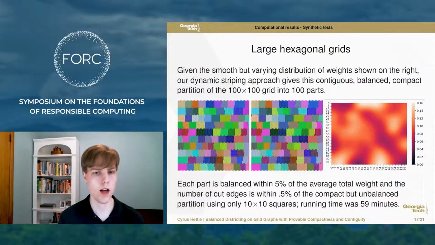We can also apply simulated annealing to this and find some local improvements to reduce the cut size and increase compactness even more. The swaps made by simulated annealing are circled in red on the middle image there.